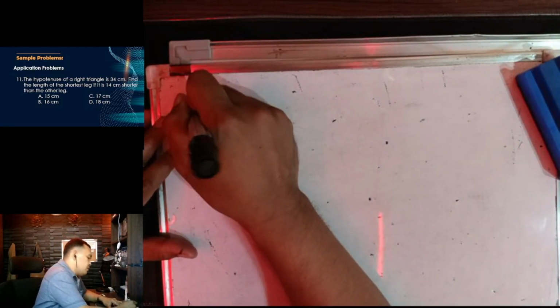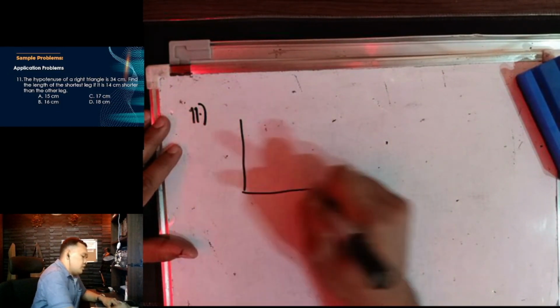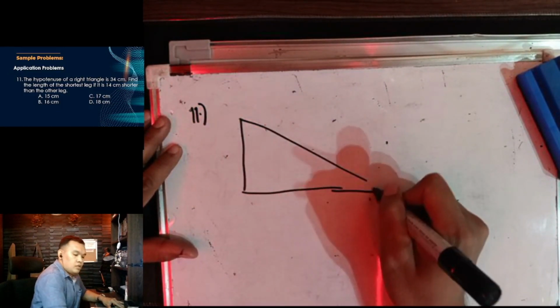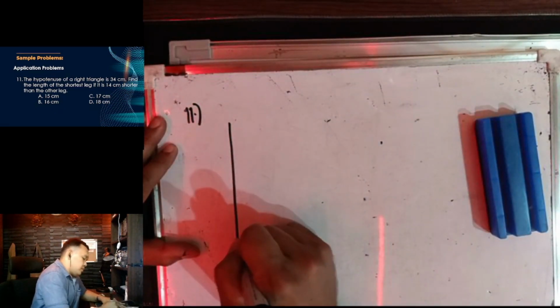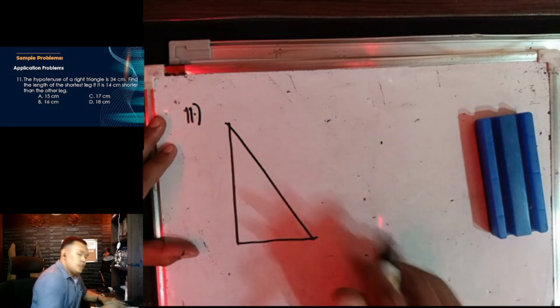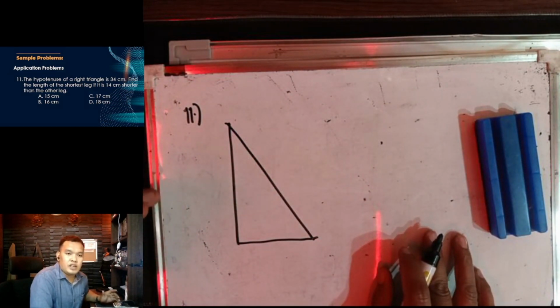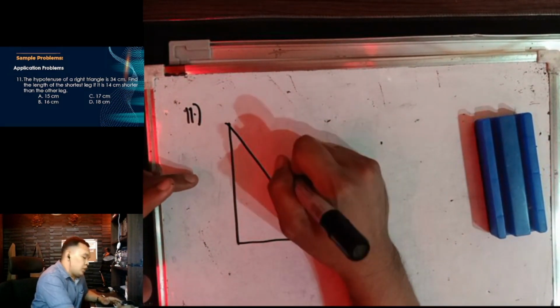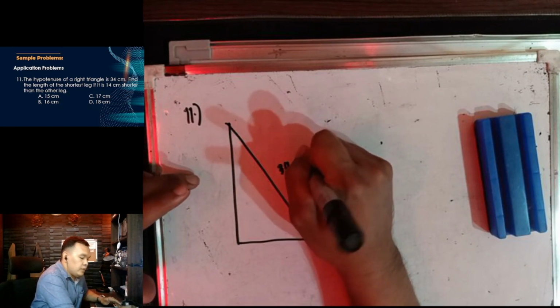So, problem number 11, we have a triangle daw. Sabihin kong yung hypotenuse daw is 34 cm.